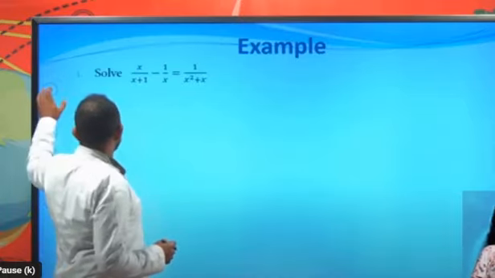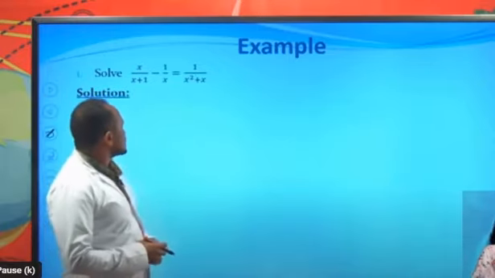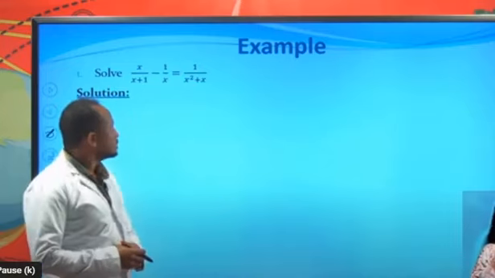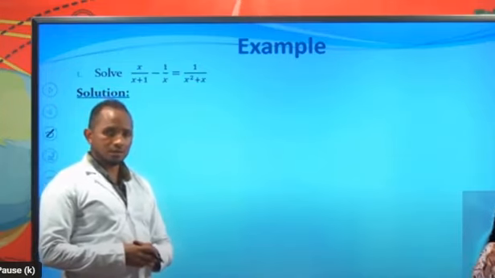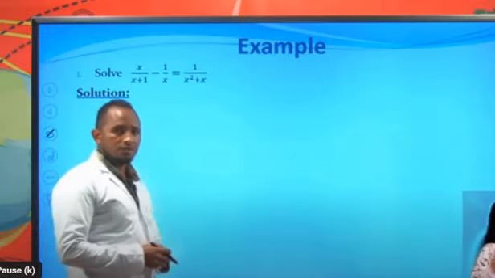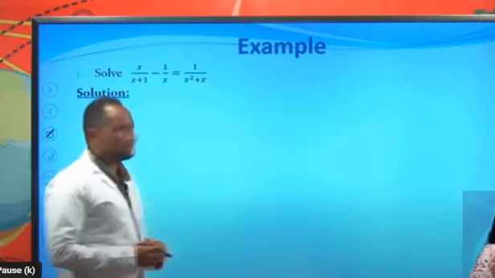Here, solve x over x plus 1 minus 1 over x is equal to 1 over x squared plus x. To solve this, first I need to factorize the denominator.